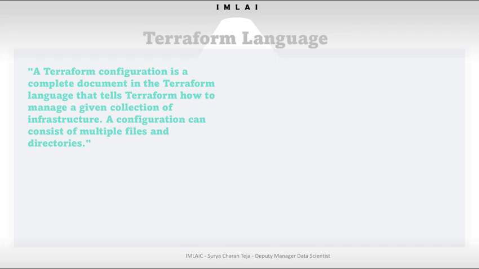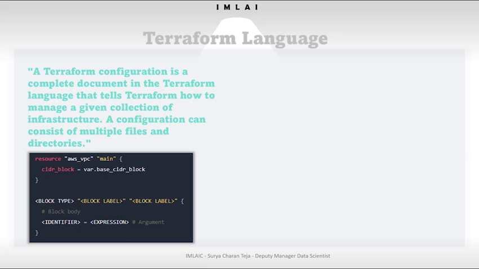A Terraform configuration is a complete document in the Terraform language that tells Terraform how to manage a given collection of infrastructure. A configuration can consist of multiple files and directories. The syntax of the Terraform language consists of only a few basic elements, not too many, not too complex, only three basic elements.